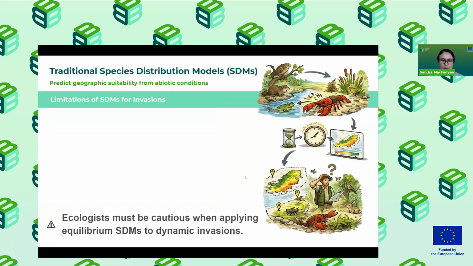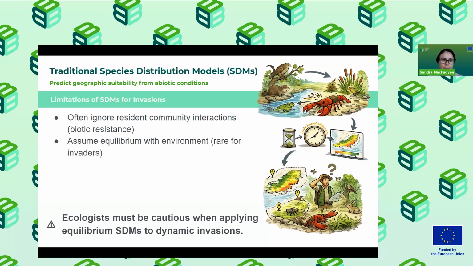But you need to be cautious when you're applying these equilibrium species distribution models to dynamic invasions. Invasions in themselves, as Maarten has shown you, happen over time. It's spread. And these typical species distribution models often ignore the resident community that they're interacting with. So they ignore what we call biotic resistance, which I'm going to talk about more in a minute.